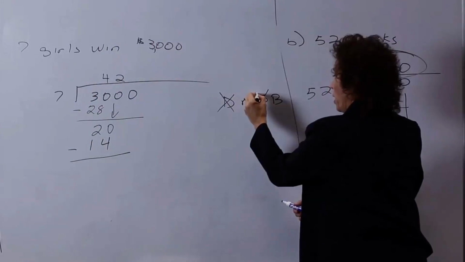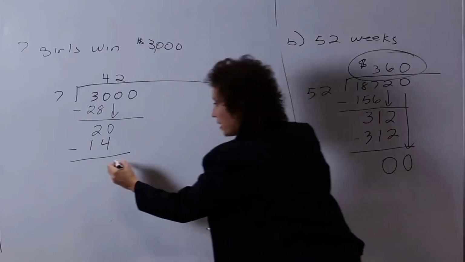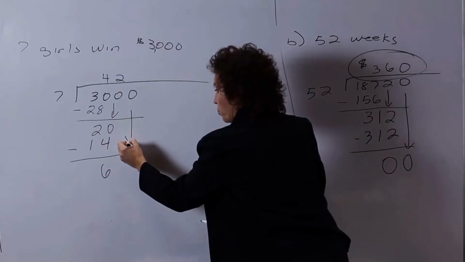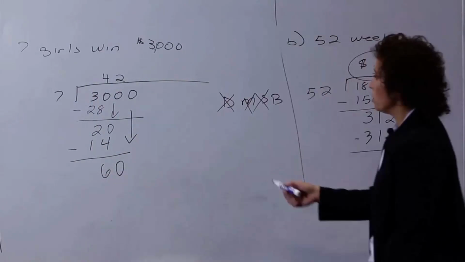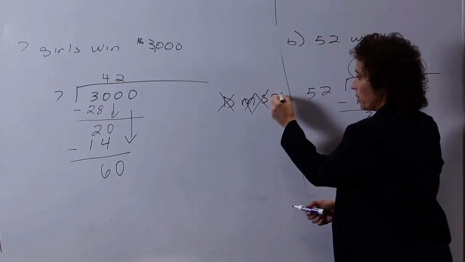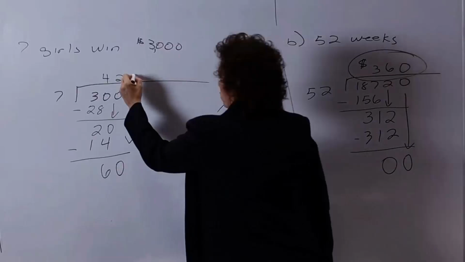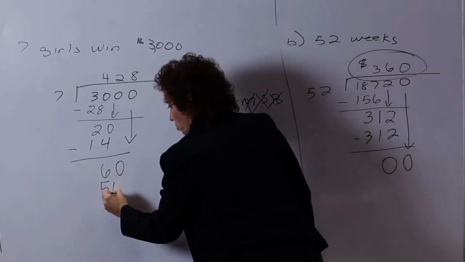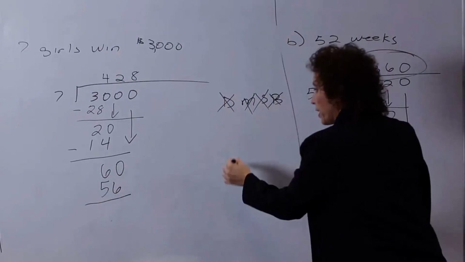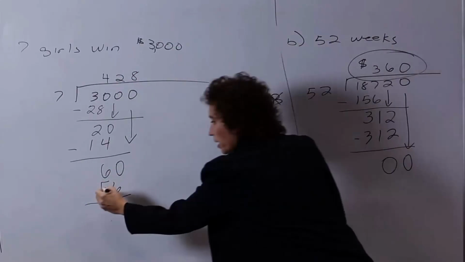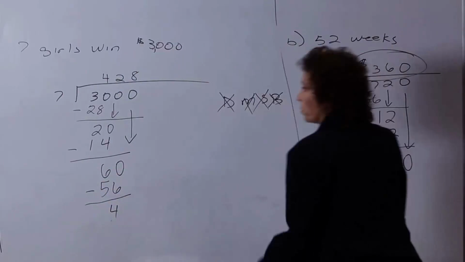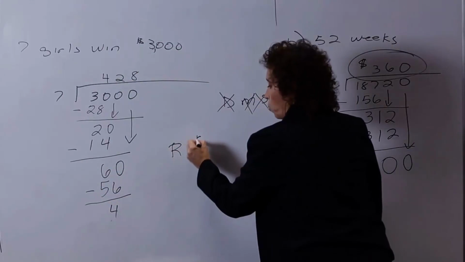And now I have to subtract. I get 6. I have to bring down. 7 goes into 60 8 times. That gives me 56. So I just divided again. I multiplied again. Now I'm going to subtract again. That gives me a remainder of 4. So there's a remainder of $4.